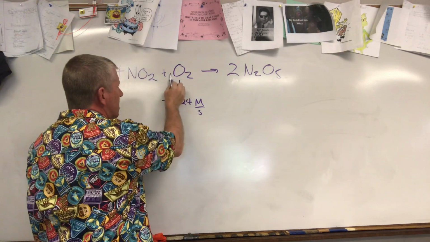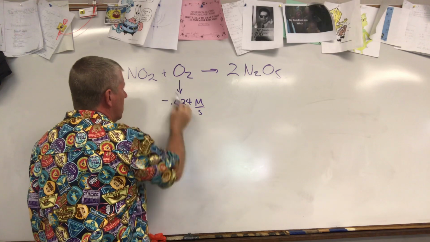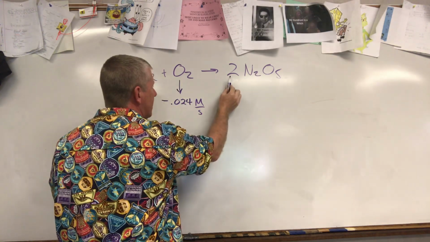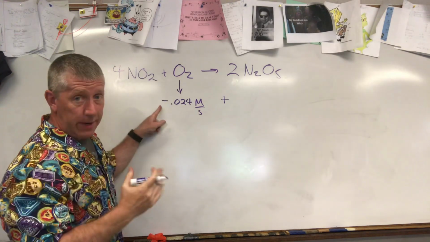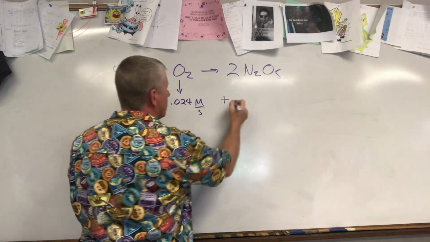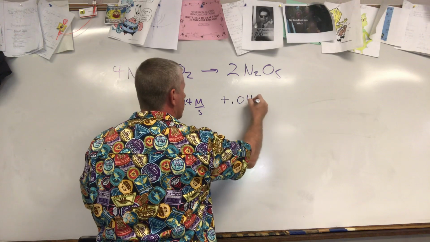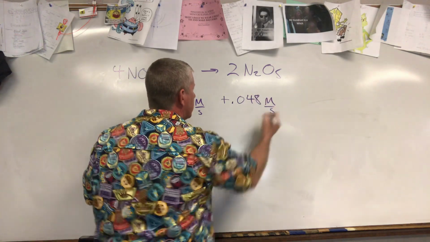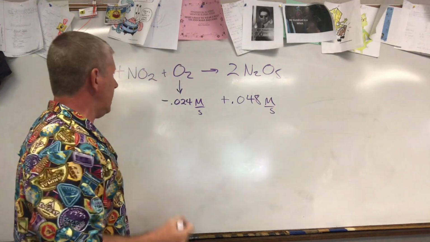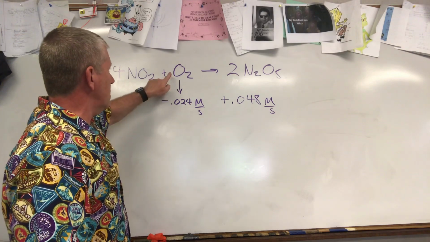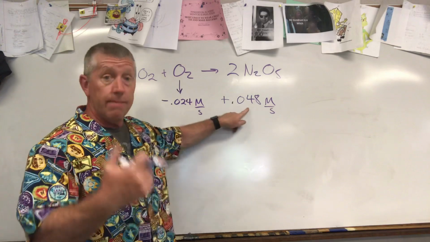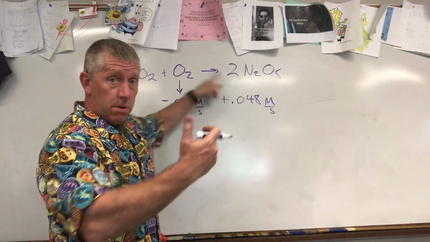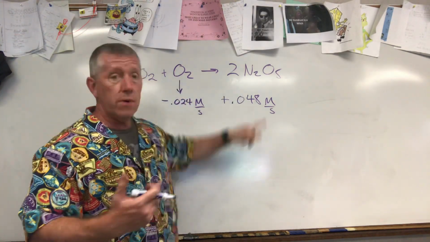So if this is being used up at a rate of 0.024, this must be being made, and we put a positive, we're losing this, that's why we have the negative, at double this, 0.048 molar per second. How did you get that? Because from the balanced reaction, it's a 1 to 2 ratio. So if this is being used up at 0.024, this must be being made at twice this one, or 0.048 molar per second.